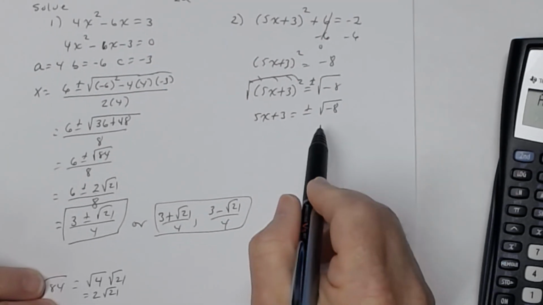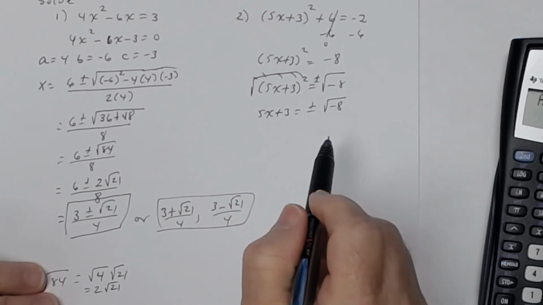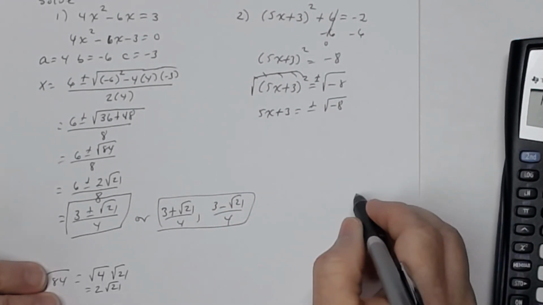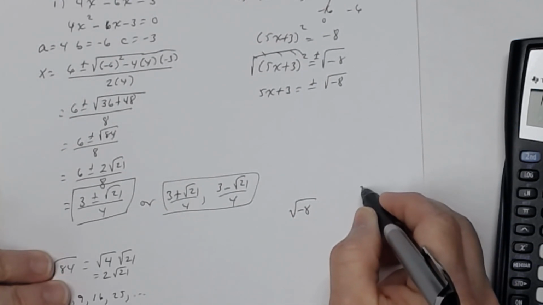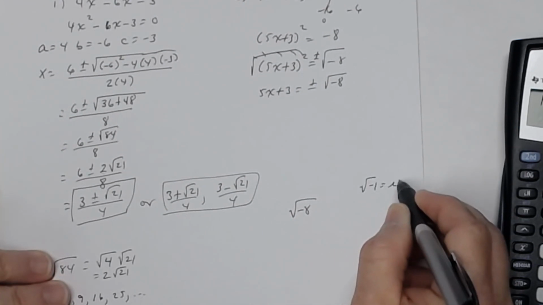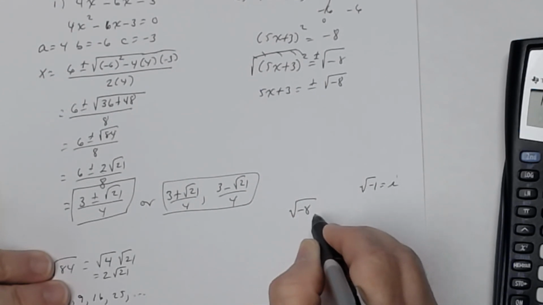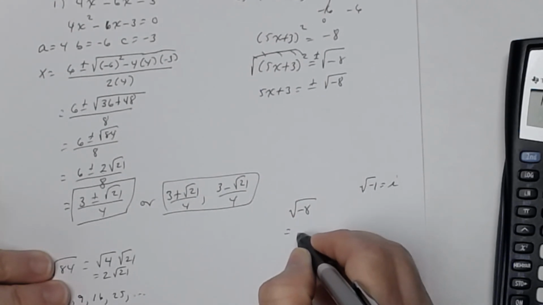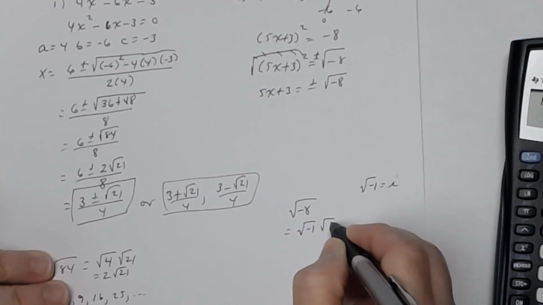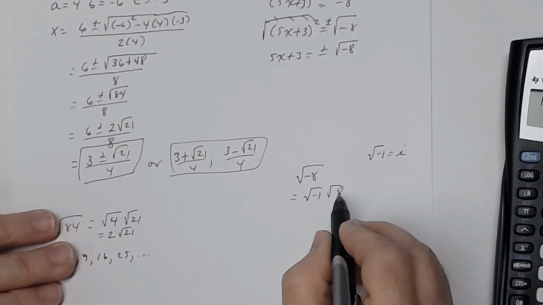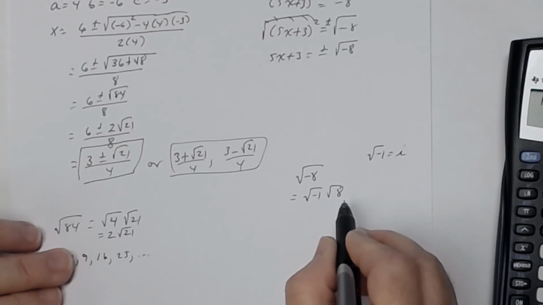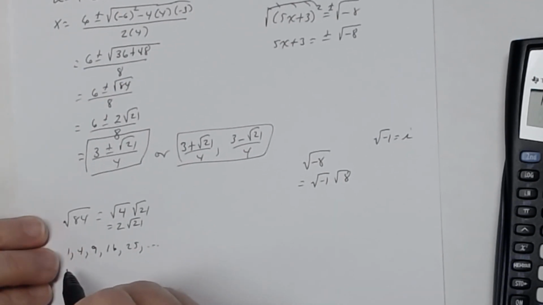All right, now, before we go any further, remember you have to simplify the radicals whenever possible. So let's think about the square root of a negative 8. We learned about the fact that the square root of a negative 1 is defined to be i. And so therefore the square root of a negative 8 would be the square root of a negative 1 times the square root of 8. But remember also, we know that there's a perfect square that goes into 8.